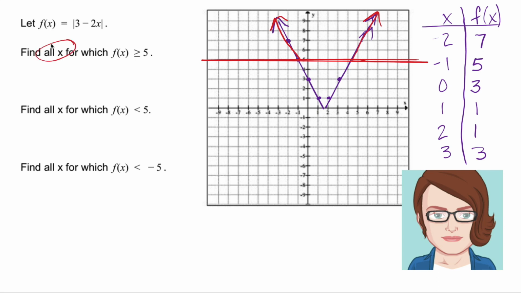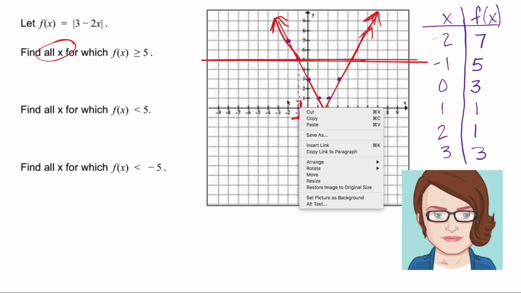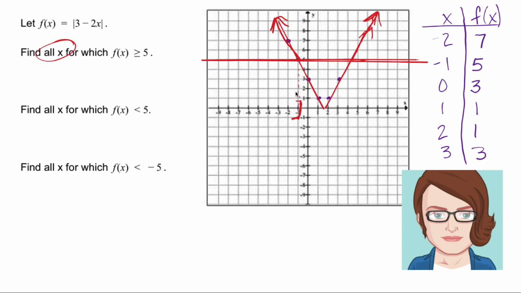But we have to find the x's. Our x's are located, if we want to see what the corresponding x values would be, we drop down to the x-axis. And we want to include -1 because it's greater than or equal to. So we can include all of this in this direction, because any x value that I put into this function will have an output that is greater than 5.